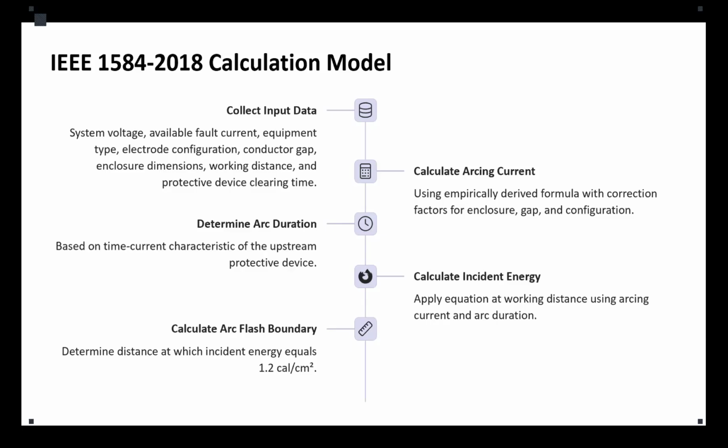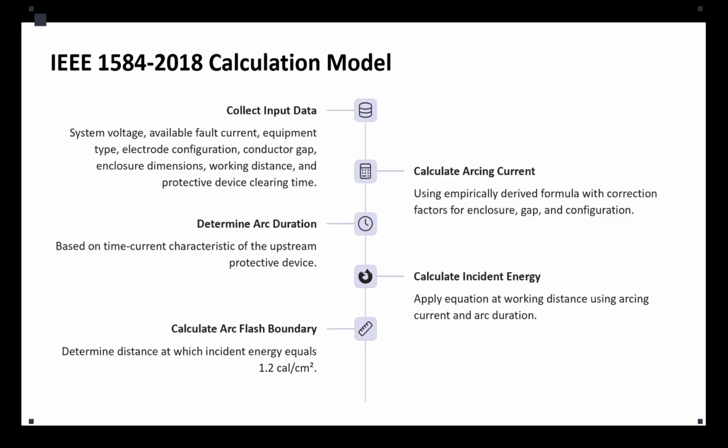We have to know the conductor gap, which is the spacing between the conductors or from the face to the ground, in millimeters. We have the enclosure dimensions, like width, height, and depth in millimeters. We have the working distance, which is the typical face to arc distance or chest to arc distance. It could be 18-inch, 24-inch, or 36-inch.